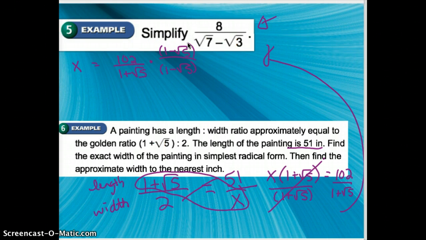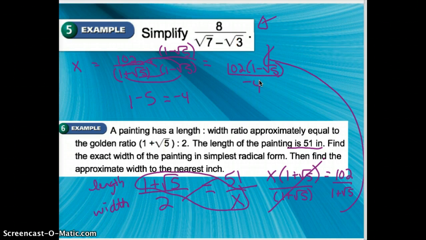Okay, so on the top I have 102 times 1 minus root 5. On the bottom, I'll put this in parentheses, that's 1 minus root 5 plus root 5, those are going to cancel out. And plus root 5 times minus root 5 is going to be minus 5. So on the bottom, that equals negative 4.